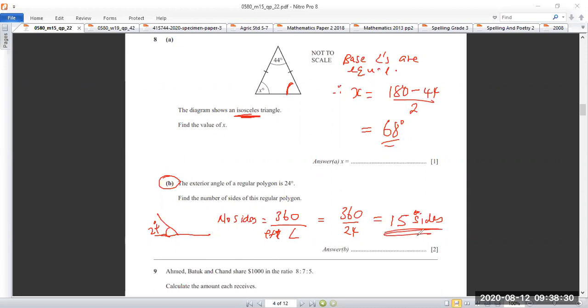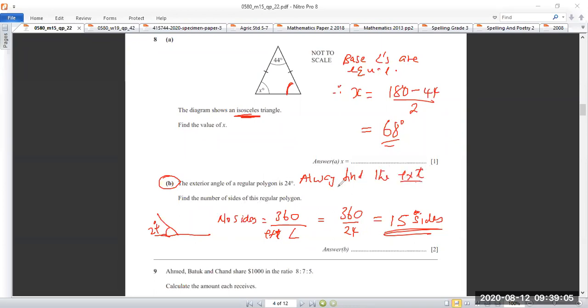Wait, sir, can I ask? When they ask you a question like find the number of sides of a regular polygon, do you say 180 over the interior angle? No. You first find the exterior angle. Always find the exterior angle first.